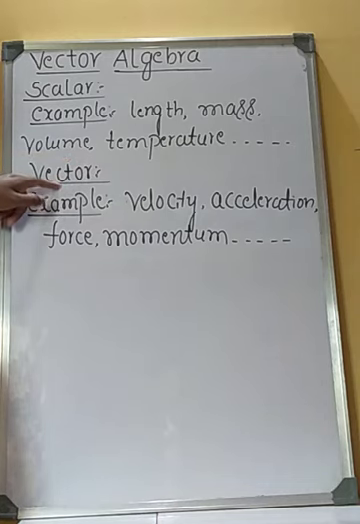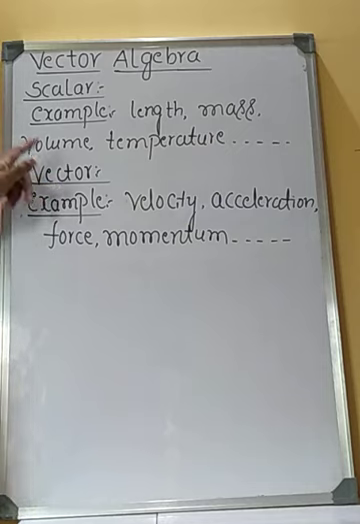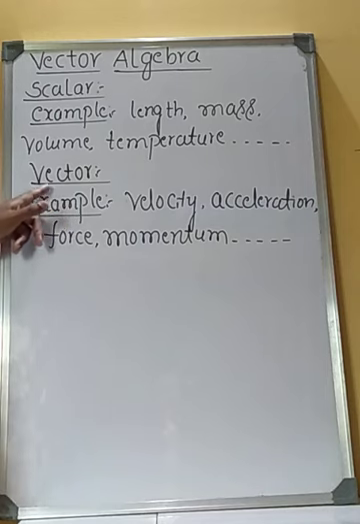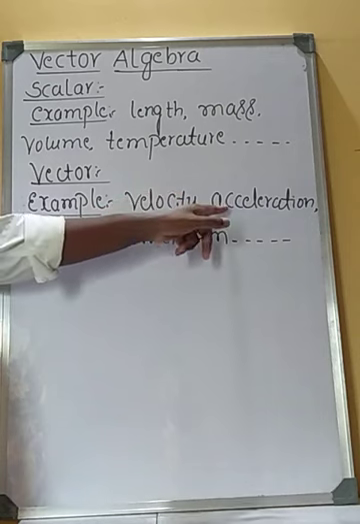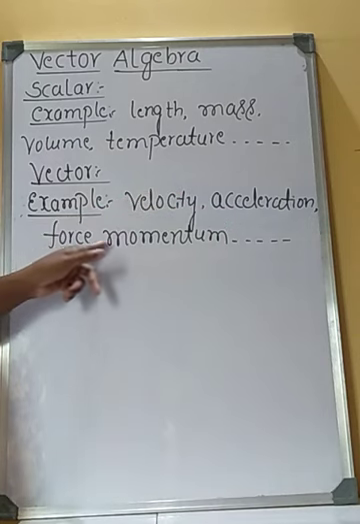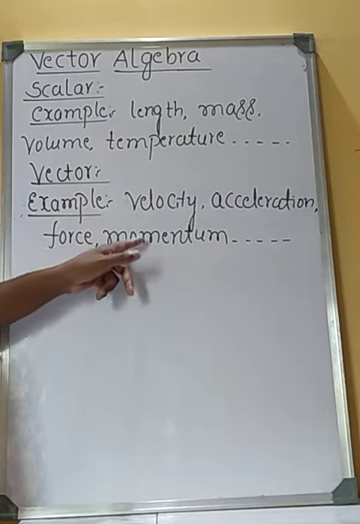A vector is also a quantity which has both magnitude and direction. For example, velocity, acceleration, force, momentum, etc.